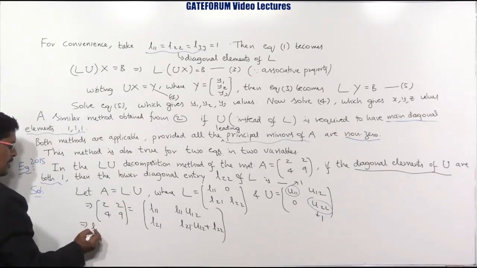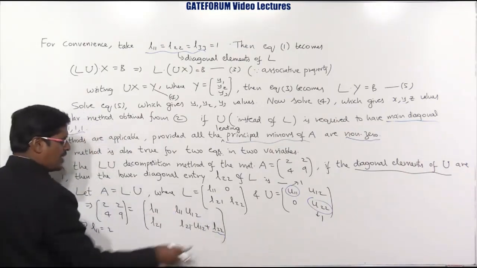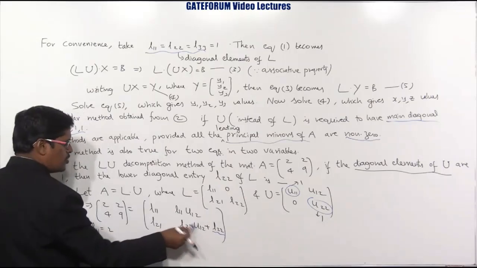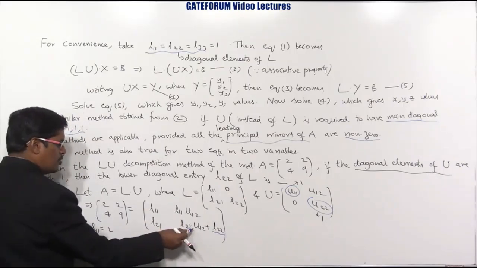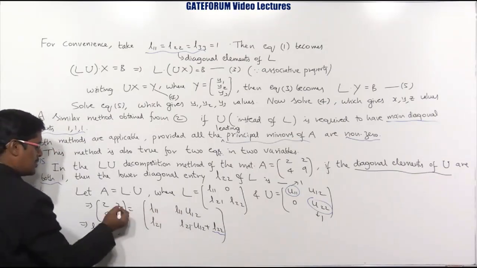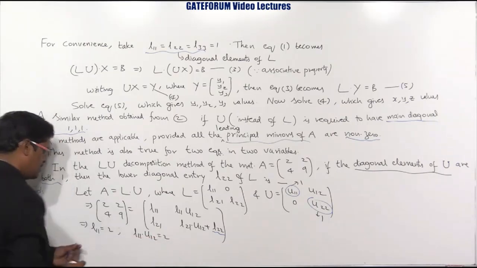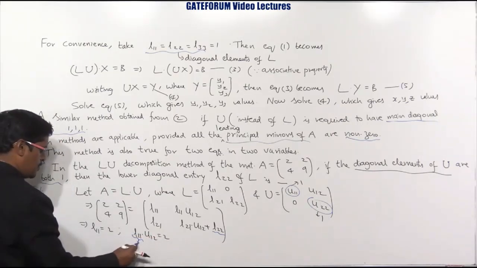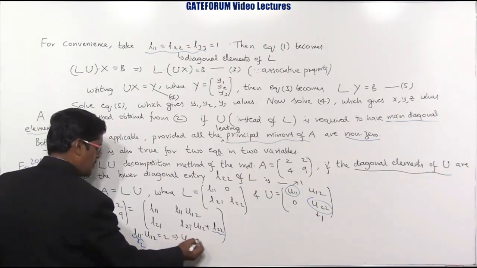So, L11, we got 2. They are asking L22. To find L22, first you have to find L21, U12. To find L21, I can equate directly. To find U12 from this, one by one they are asking. Next, second element is equal to second element. That is L11 into U12 is equal to 2. So what is this value? 2. So finally U12 simplifies to 1. U12 value 1.